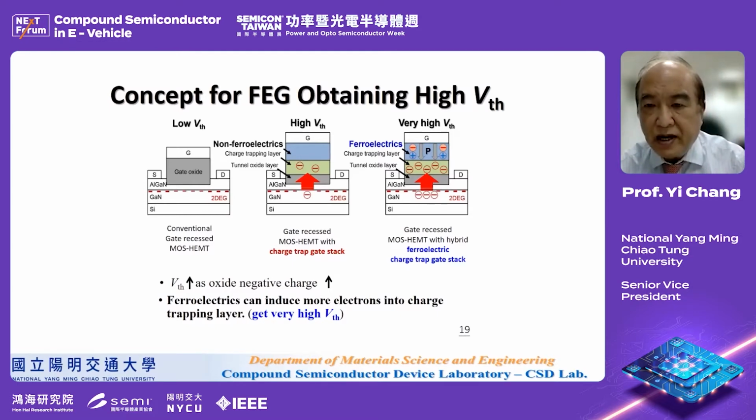I'm presenting this one with a ferroelectric charge trapping layer, and the concept is that with the ferroelectric, as you apply a voltage, the ferroelectric gives a polarization field which opposes the voltage you apply. So you need to apply an even higher voltage to turn it on. That's the whole concept. So with the ferroelectric charge trap gate stack, you can get very high VTH using this device.